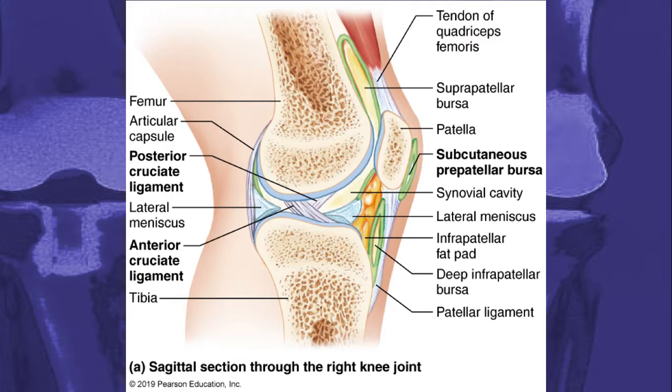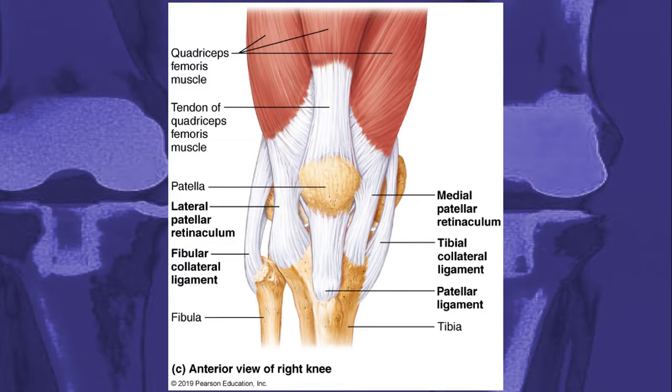All right, if we zoom out even farther, we can see now how a muscle plays a role. We still have our ligaments, but now we're adding tendons from our muscles, and we've got our big quadriceps up there at the top.